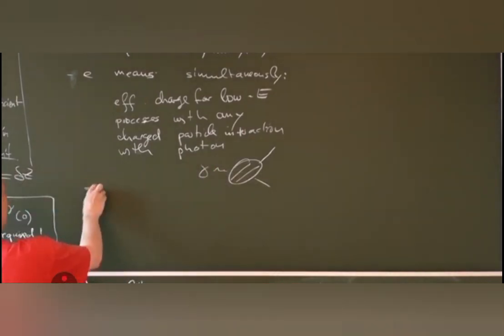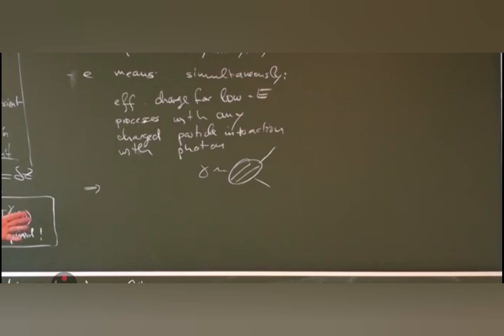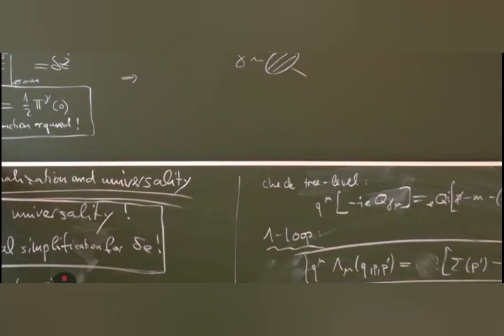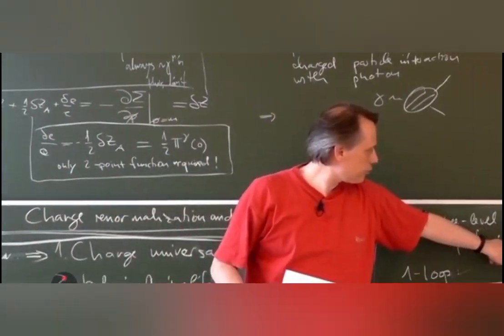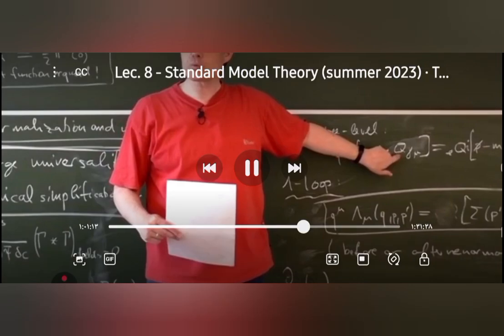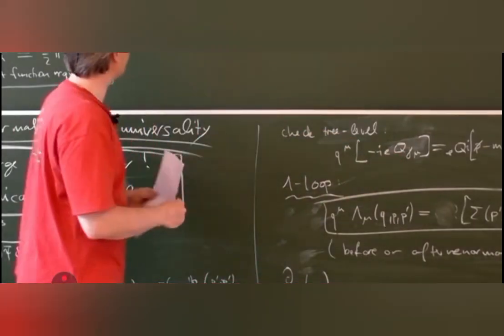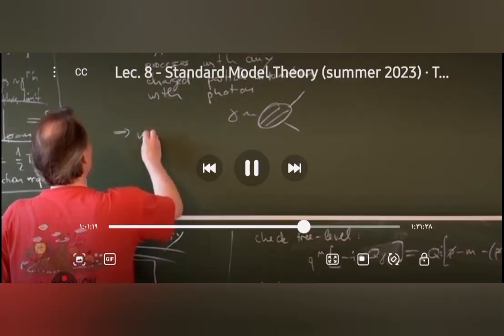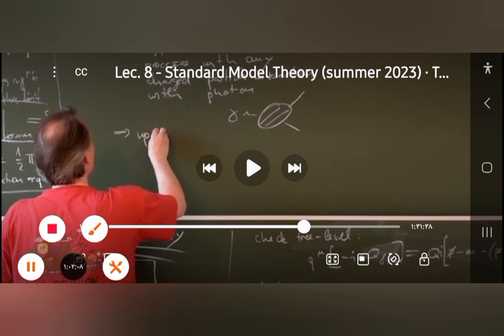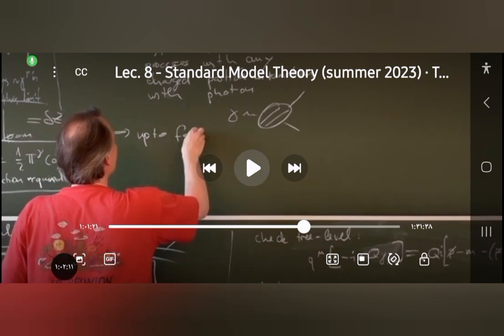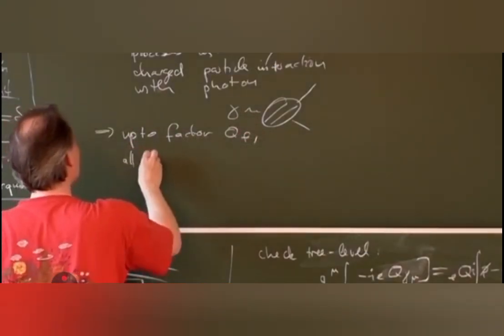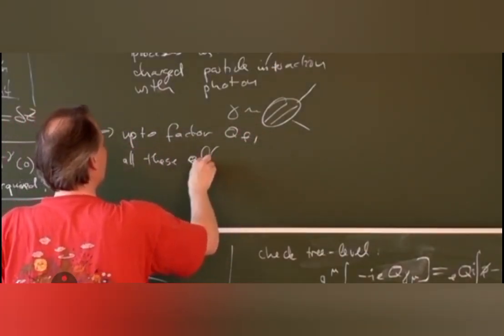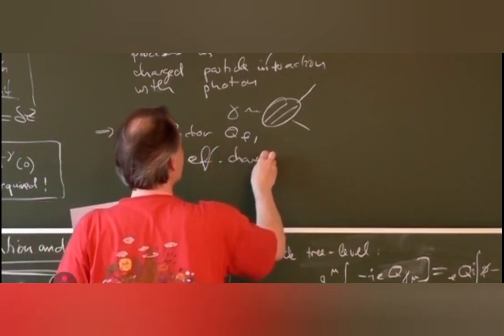And so that means the effective coupling strengths between the photon and any charged particles in this classical limit are equal up to at most these integer prefactors, the charge quantum numbers Q, which you prescribe from the beginning. So up to factor Q_f, all these effective charges are equal.